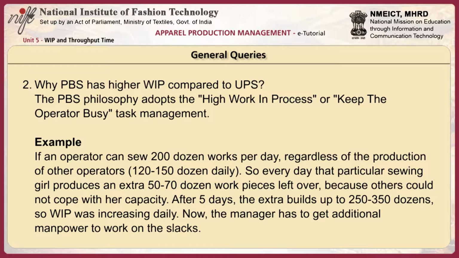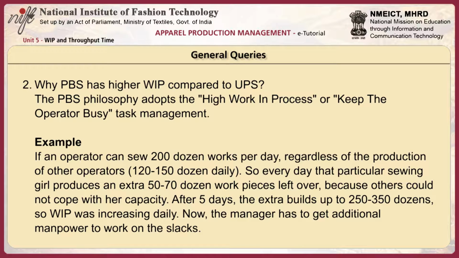Let's look at an example. If an operator can sew 200 dozens works per day, regardless of the production of other operators who produce, let's say, 120 to 150 dozens daily, then every day that particular sewing girl or guy produces an extra 50 to 70 dozen work pieces left over because others could not cope with her capacity.